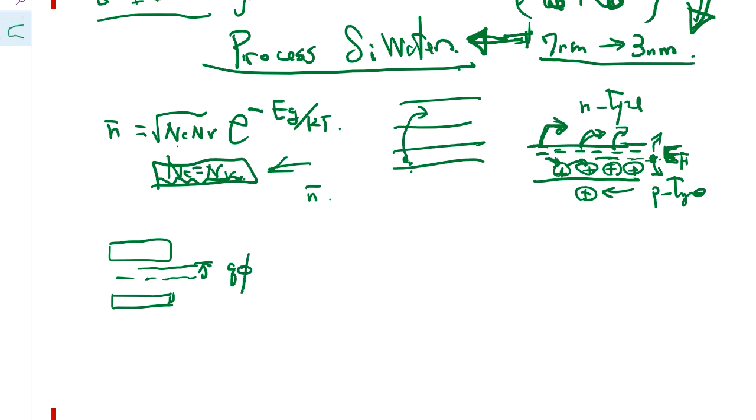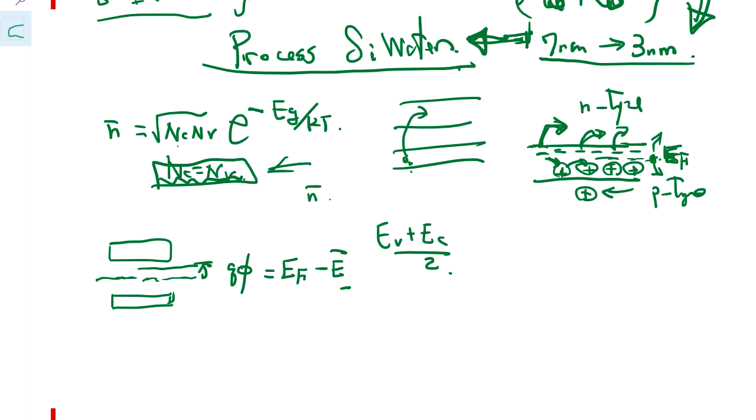That much energy change, and this QE is going to be the new Fermi level minus E average. This is the average in the middle. This average is EV plus EC over 2, right?